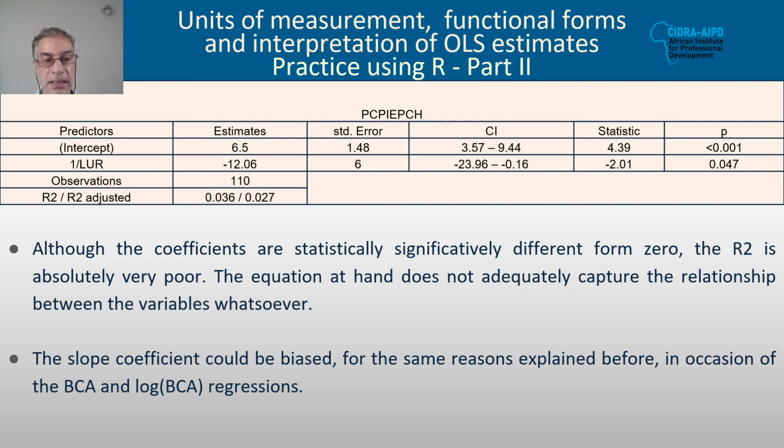We can see that in this case, we can reject the null hypothesis that both coefficients are equal to zero at the 0.05 significance level, but the R square is horrible. So this regression is so bad that we need to change many things in order to improve these measurements.